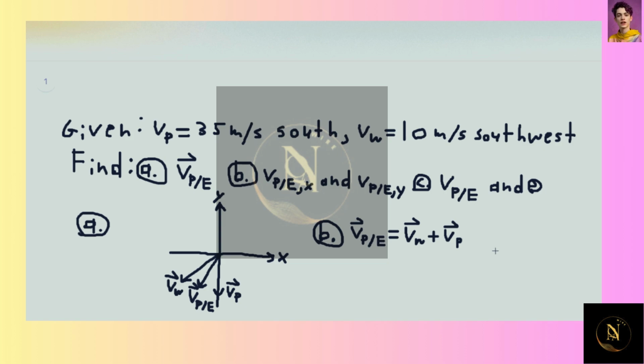So let's draw it over here. Okay, so we know VW is in the southwest direction, so that means it's 45 degrees away from the south direction. So this angle here is going to be 45 degrees.